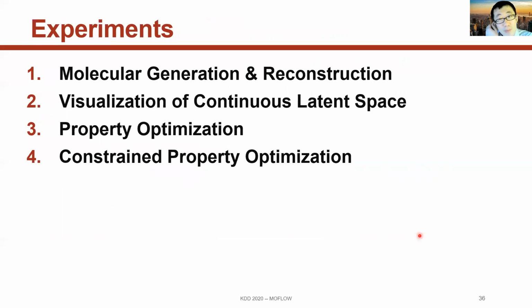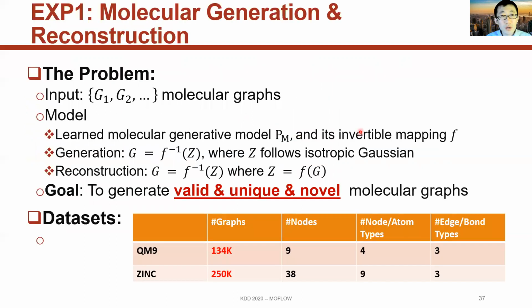We validate our models by 4 tasks, namely molecular graph generation and reconstruction, visualization of the continuous latent space of graphs, molecular graph property optimization, and constrained property optimization. We'll elaborate on each one in detail. The first experiment is molecular graph generation and reconstruction. The problem is as follows. Inputs are molecular graphs.